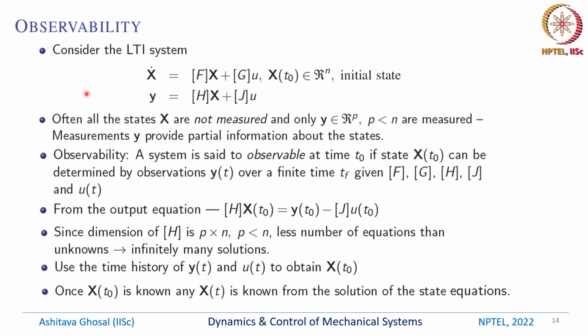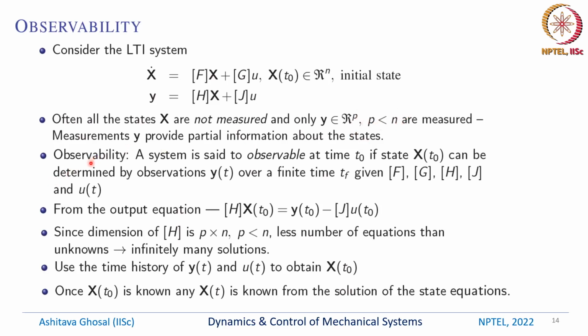As mentioned in the past, often all the states x are not measured and only y, which is an element of R^p, where p is less than n, is measured. So the measurements y provide partial information about the states. Remember, p is less than n.